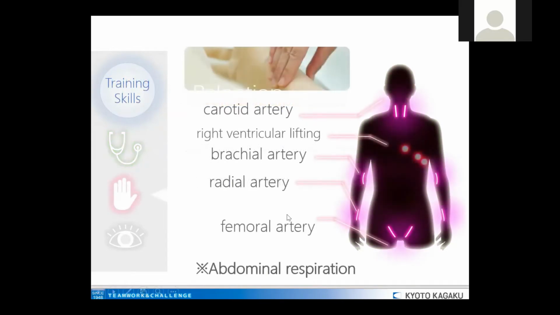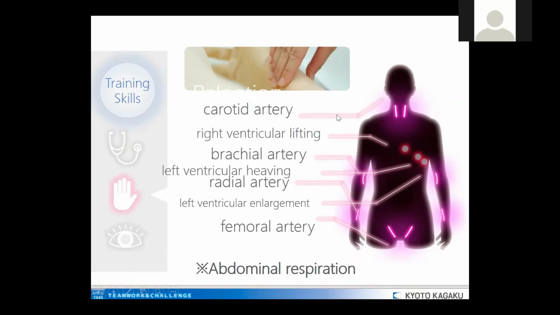But as we explained, this is not only an auscultation simulator. And because of that, we have included the palpation part of the examination, which consists in palpating the arteries in different places in the body.